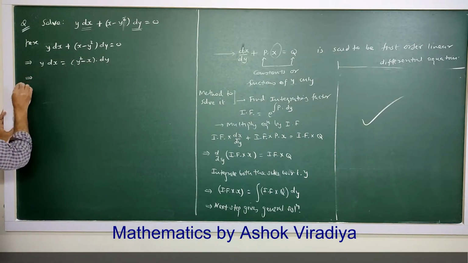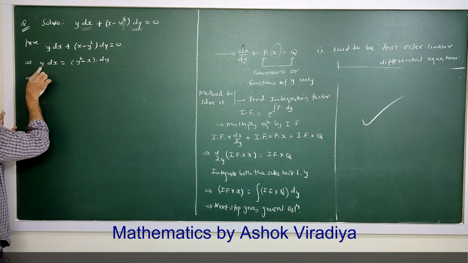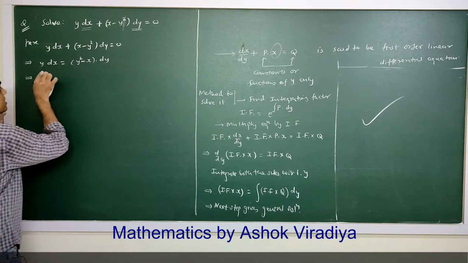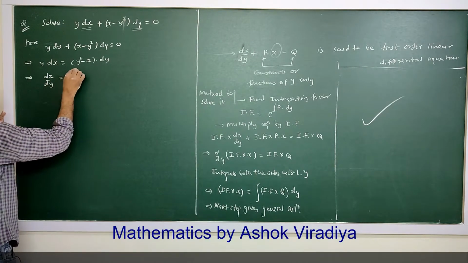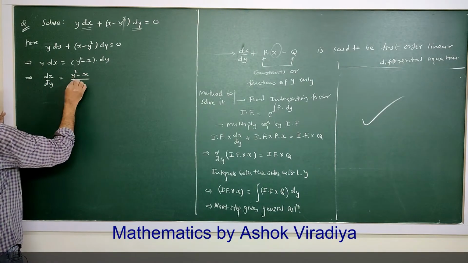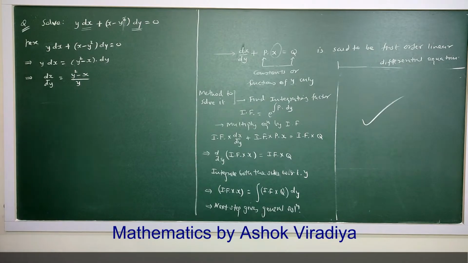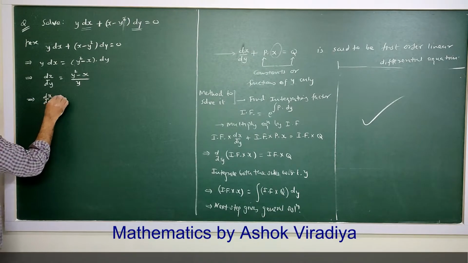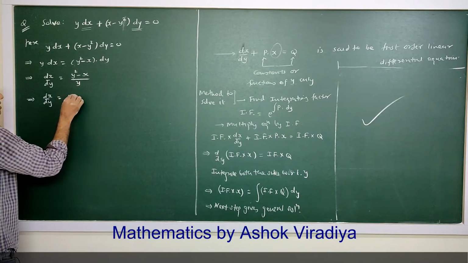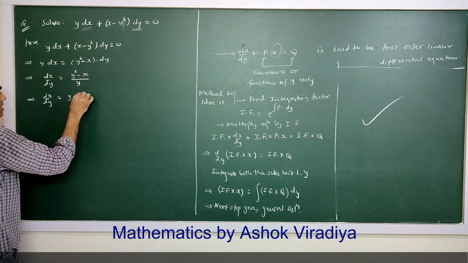Then now this y I take on this side, dy on this side. So dx by dy equals y square minus x upon y. That is dx by dy is equal to y square by y, which is y, minus x by y.